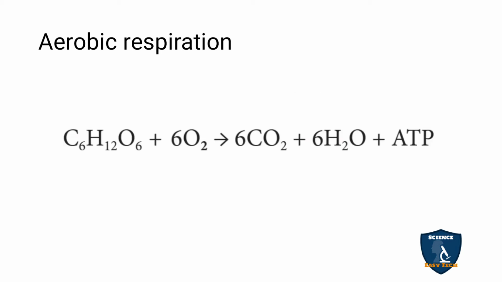So there are two types of respiration: aerobic respiration and anaerobic respiration. Aerobic respiration means oxygen is a must for respiring. I have given the overall reaction here for aerobic respiration. Glucose, that is what we are taking. The food formed during photosynthesis is the carbohydrate, so glucose is a carbohydrate.